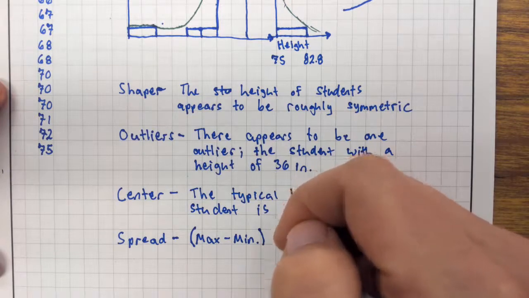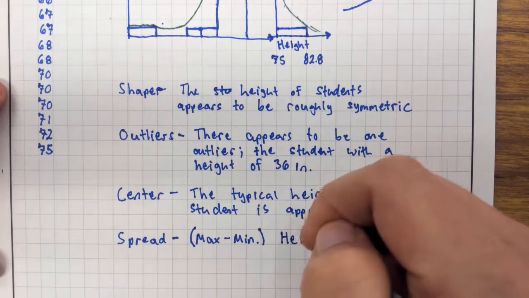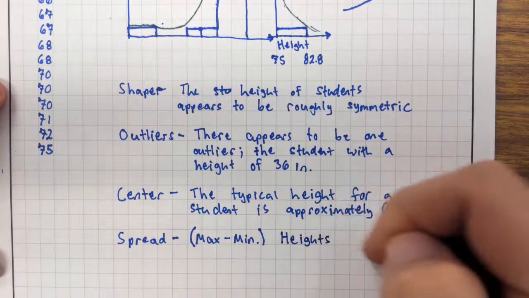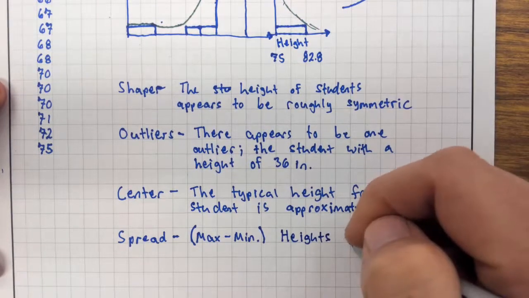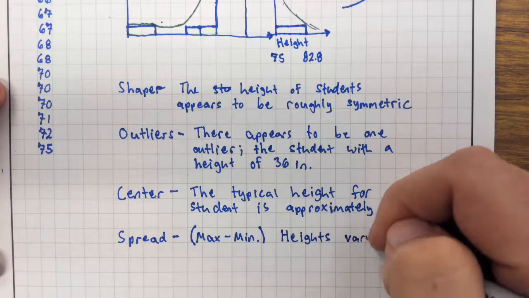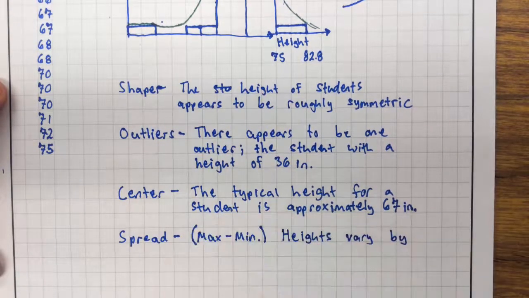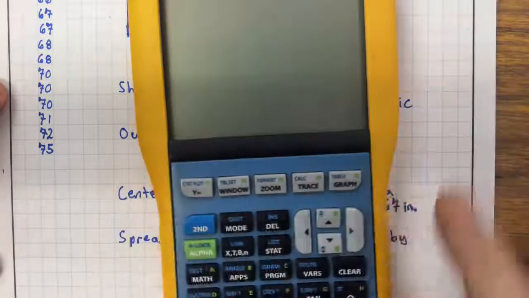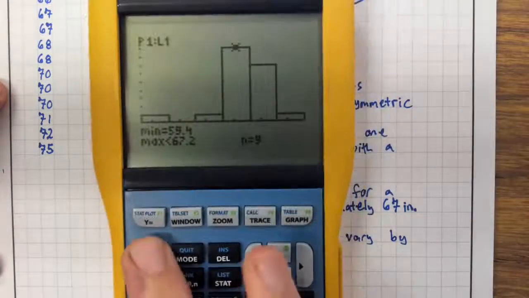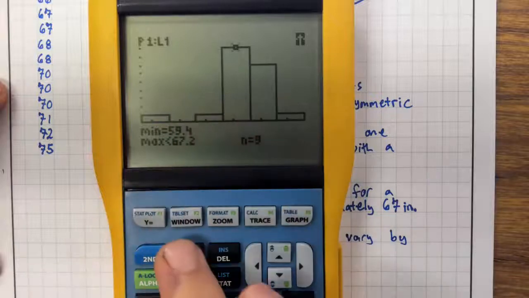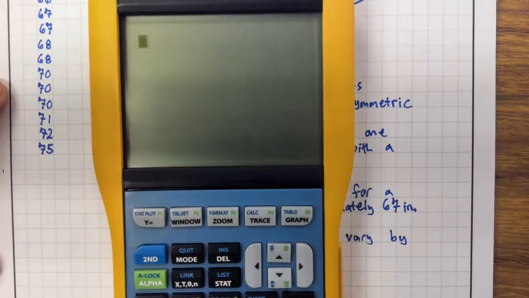So heights vary by... let's do it real quick. So the maximum amount again was 75, and if you ever need to leave the graph, by the way, just hit second quit. 75 minus the minimum value in our data set, which was 36.